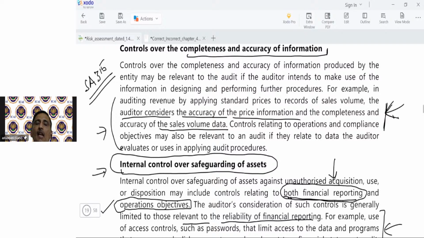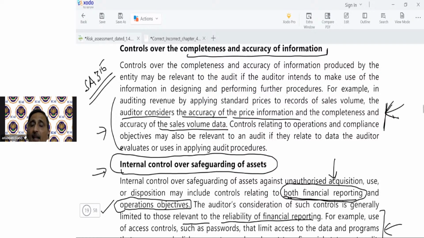Okay, so clear to you guys? Such controls would be relevant to him only when he is trying to make a judgment, a decision about this. Only then would these controls be relevant to him. So these are some of the examples given in SA 315.